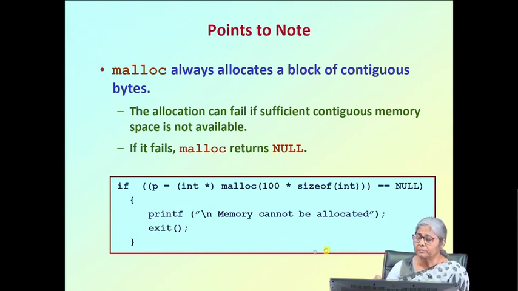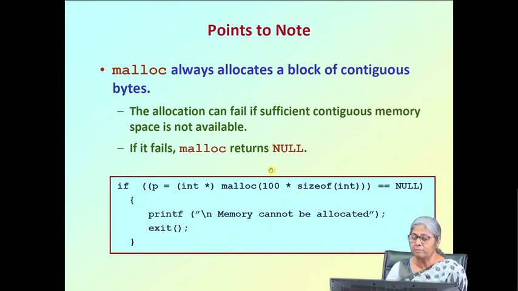So, we can write in a C program: if p equal to (int star) malloc of 100 star sizeof int equals null, that is what we are checking. This is the pointer we get after using malloc. So, malloc of 100 star sizeof int means 400 bytes, of integer type, and p is that type of pointer. If we see that the pointer is equal to the null pointer, that means it is a failure.